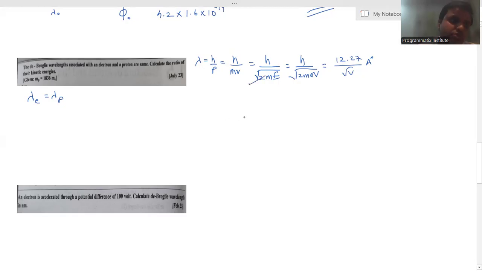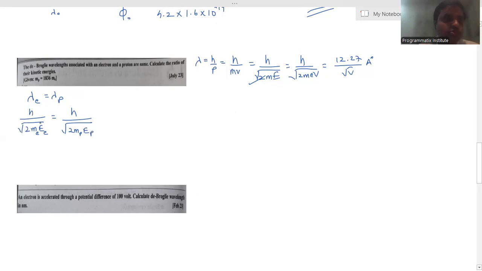So let's resubstitute things and cancel out stuff. For the electron, h upon root 2 mE times EE equals h upon root of 2 mP EP.